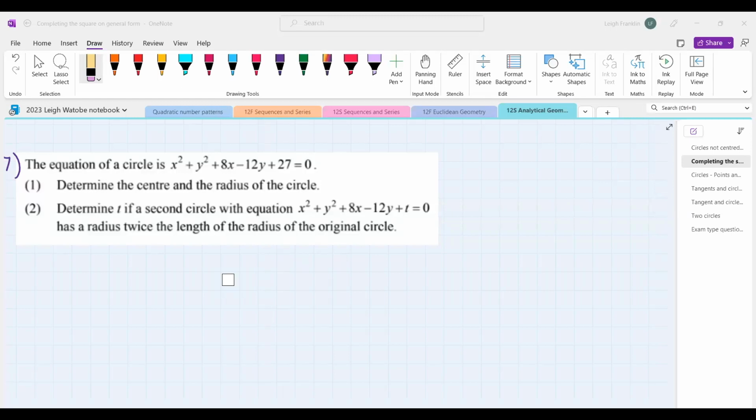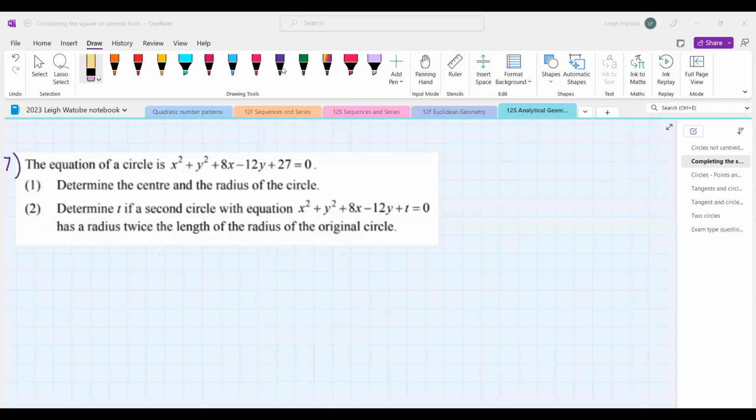The second question asks us to determine t if a second circle with equation x squared plus y squared plus 8x minus 12y plus t equals 0 has a radius twice the length of the radius of the original circle. So that's the bit that we haven't seen before.